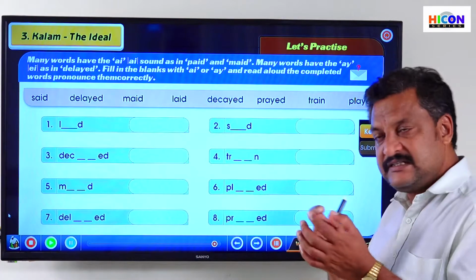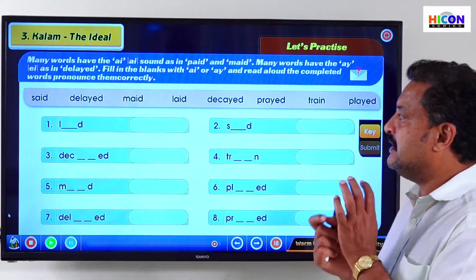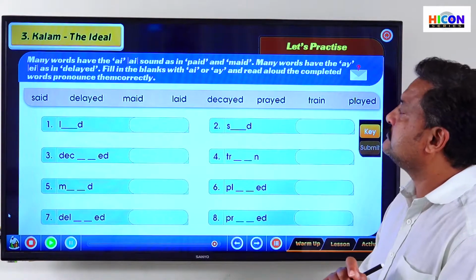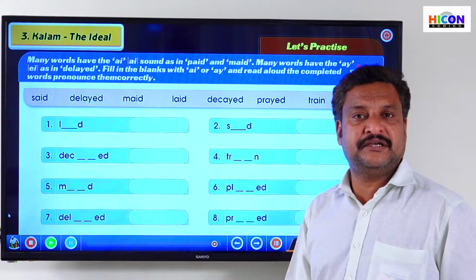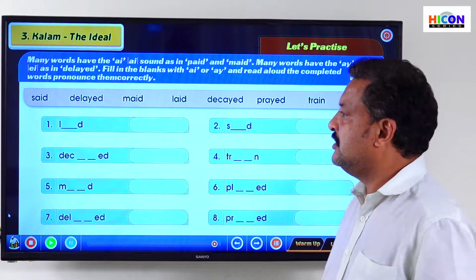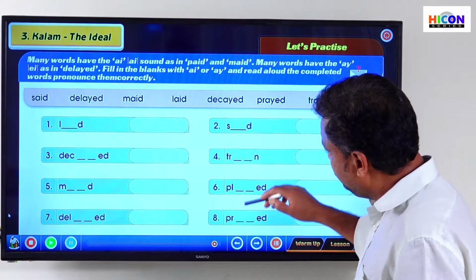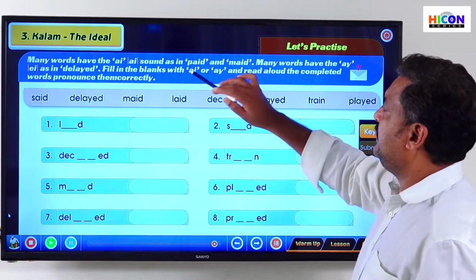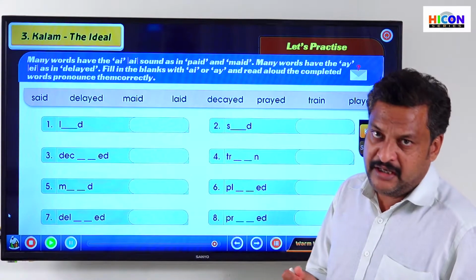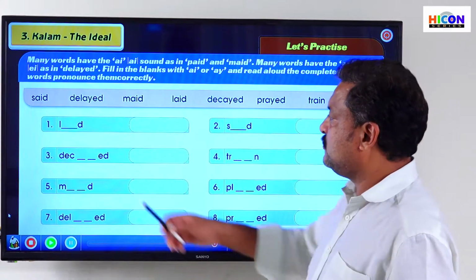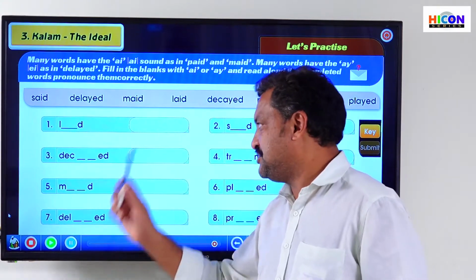So the difference is in the spelling, not in the pronunciation, right? So what we need to do is, we have got 8 words here and we need to check whether these blanks have to be filled with AI or AY. Okay. So the first one is L dash dash D.